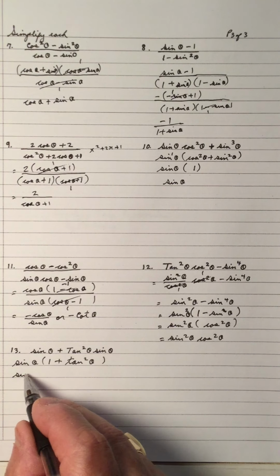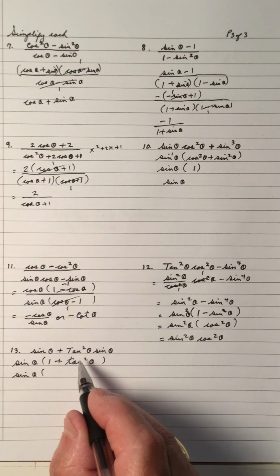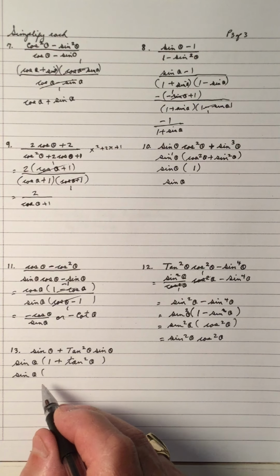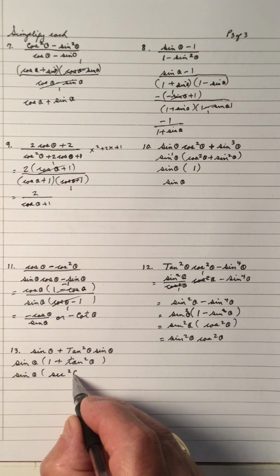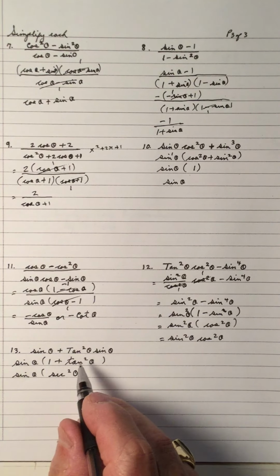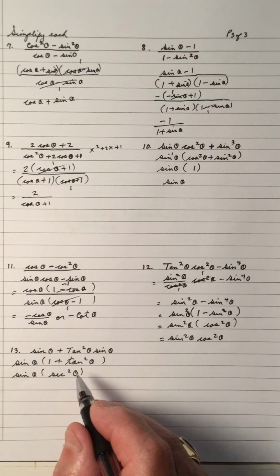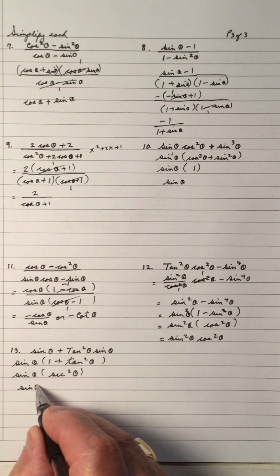And if you can remember, 1 plus tan squared, tan is sine over cos, so 1 plus tan squared is secant squared. It's one of the Pythagorean identities. And so this is sine theta.